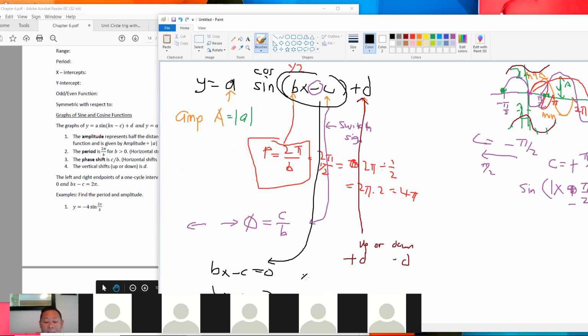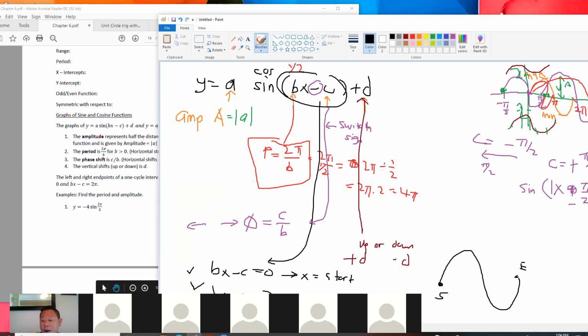Once you solve for x here, this will be where you start your graph, and this will give you the end point of it. So this is how we figure out the starting and ending point. This is used a lot when you graph this, so I will show you how we graph this.